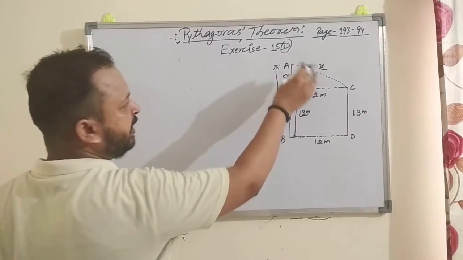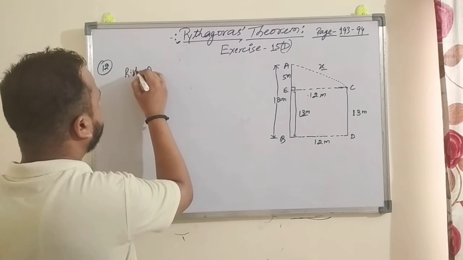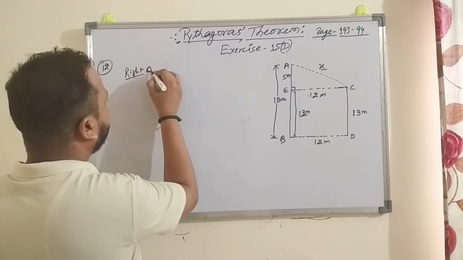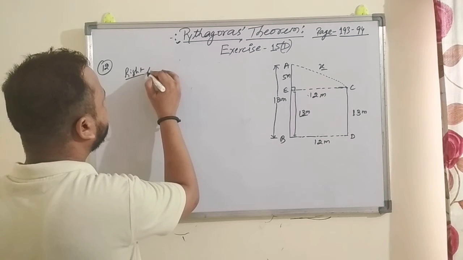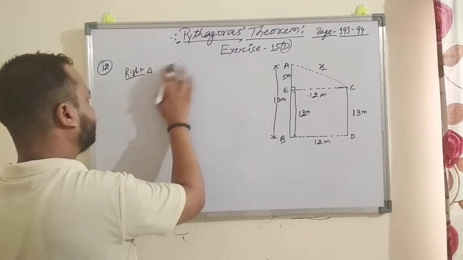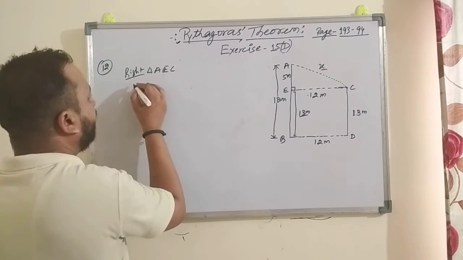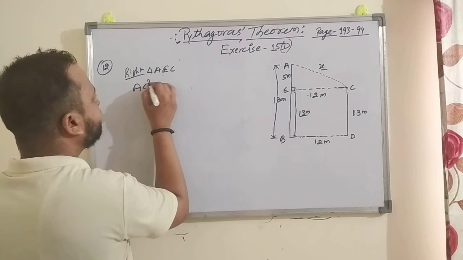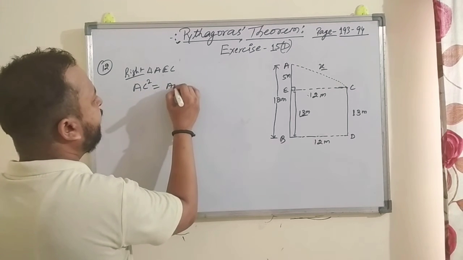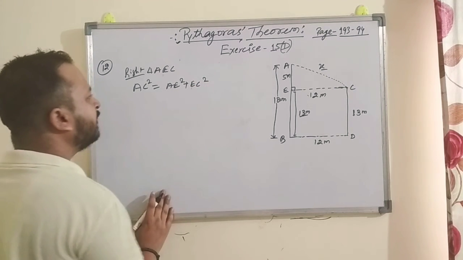So by the Pythagoras theorem for this triangle, this is a right triangle AEC. AC square is equal to AE square plus EC square, right?